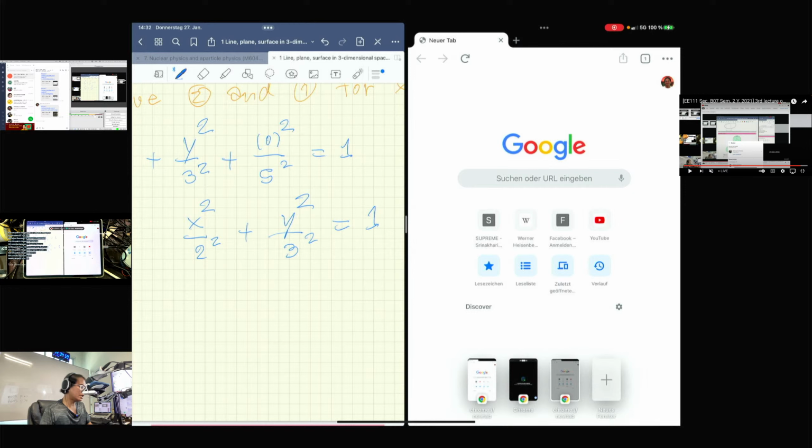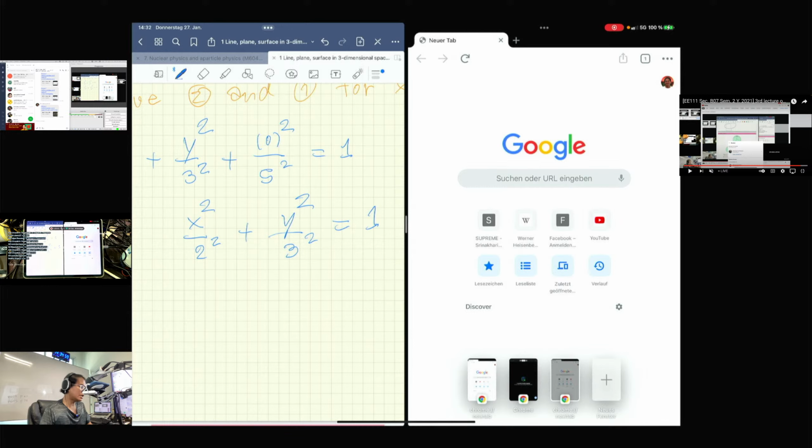You just type here x, and this notation 2, divided by 2 with the power of 2, 2 squared, and the next thing is plus y with the power of 2 divided by, oh sorry, number 3.